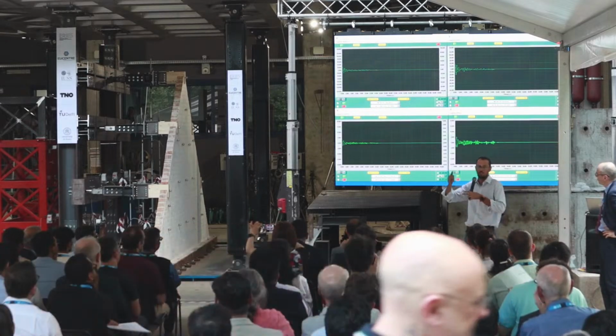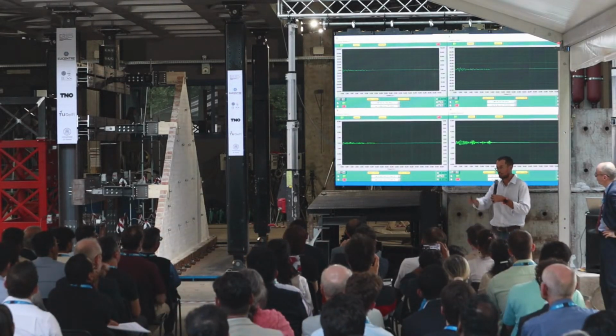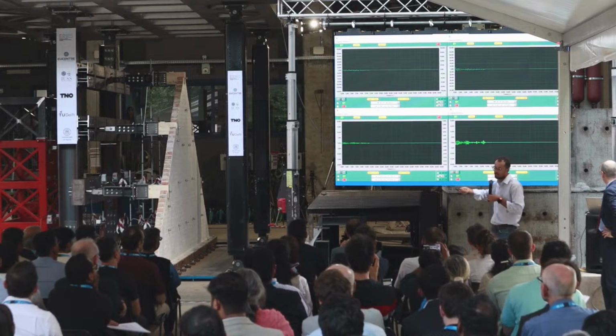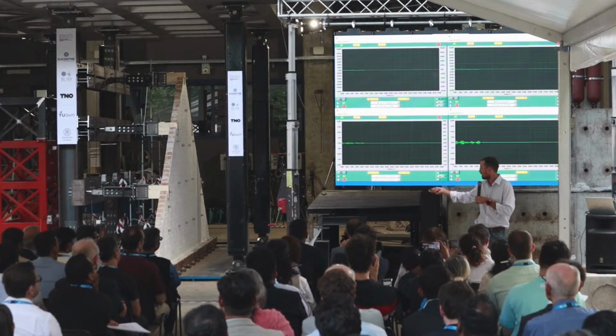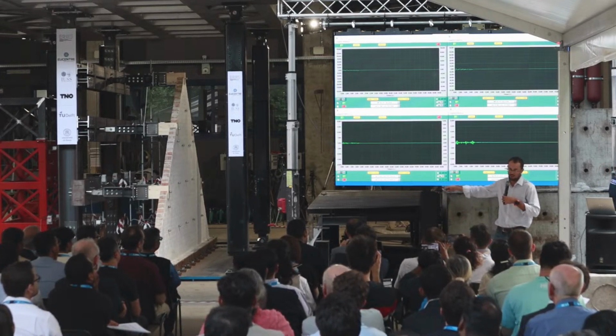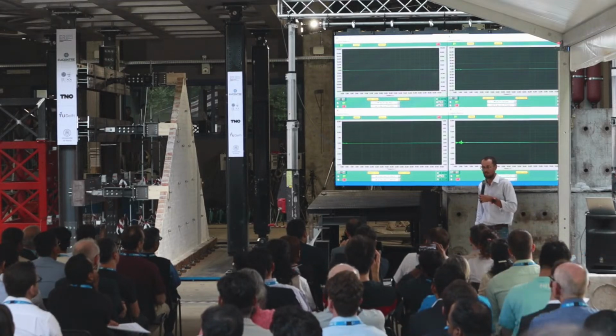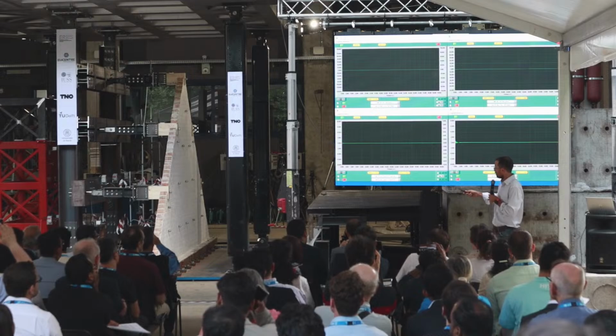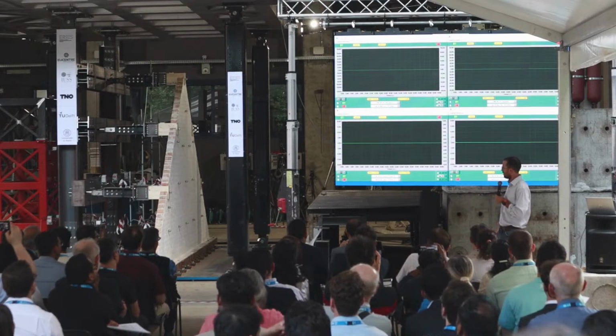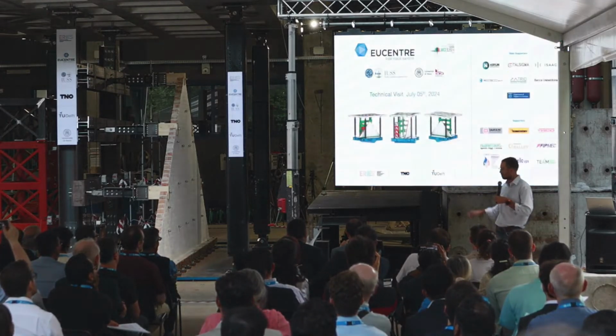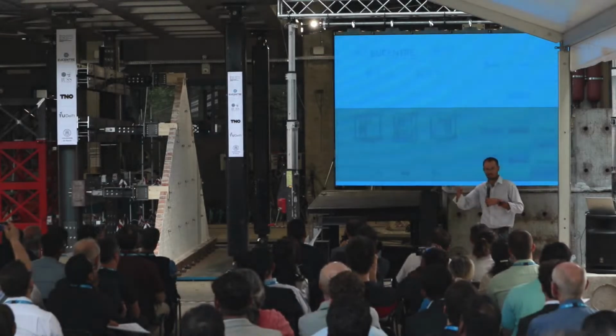So we had also 40 to 50 millimeters of differential displacement. And the acceleration was 0.55 g at the level of the floor, and around 1 g at the level of the ridge beam. So now the guys are marking the cracks and preparing for the next run.